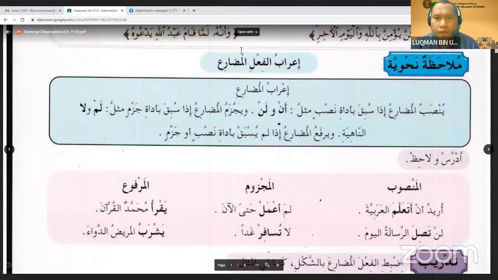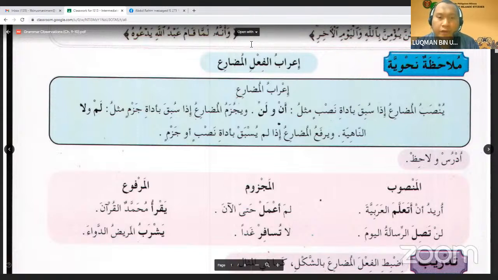So just a quick review. The Arabic language has 3 types of words or 3 parts of speech. That's ism, fi'al, and harf: noun, verb, and particles.